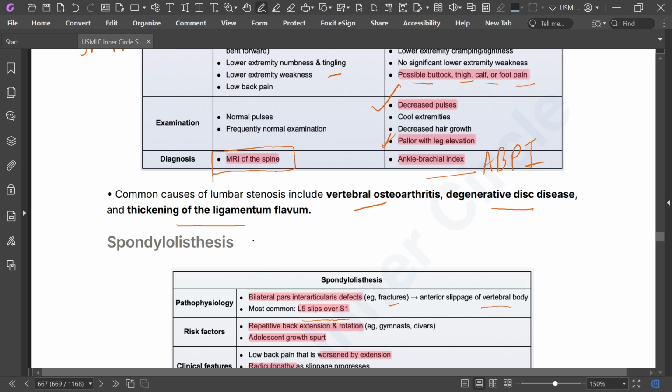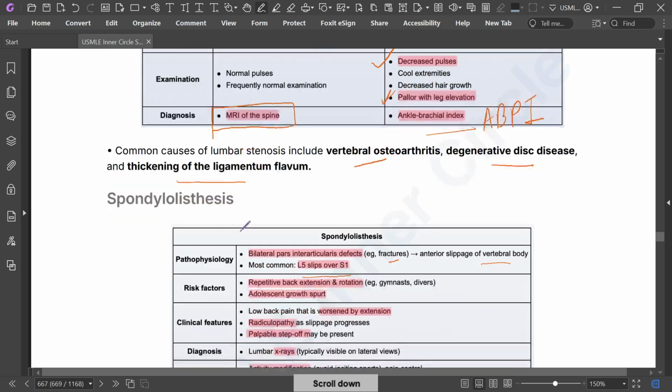There is forward slippage of one vertebra over another, due to bilateral pars fracture.